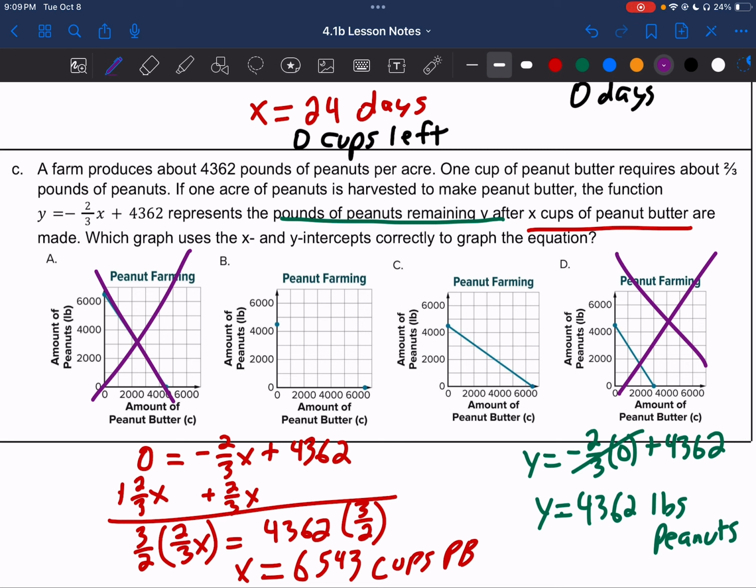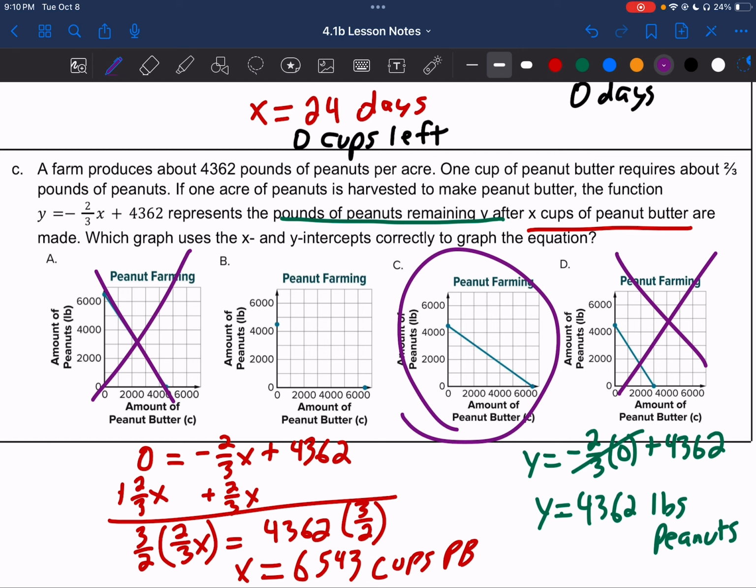Now, the reason why it's going to be the correct answer of C is because at any point in between of processing these peanuts, you could have different amounts of peanut butter created, right? So it's not just that we have only peanut butter or only peanuts. During the manufacturing process, the amount of peanuts remaining is going down as you are making more jars of peanut butter.